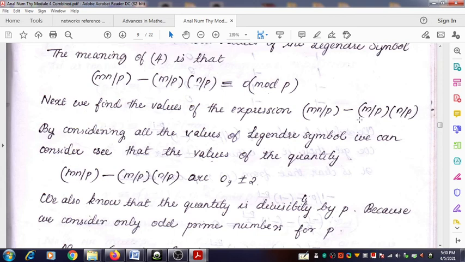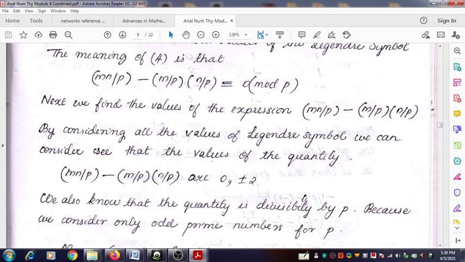So 0 is one of the values you are going to get. Next, you can assume this quantity is 0, but this quantity equals plus 1 and this quantity equals plus 1. Then the combined value will be 0 minus 1 equal to minus 1. This way, you can find all the values related to this.